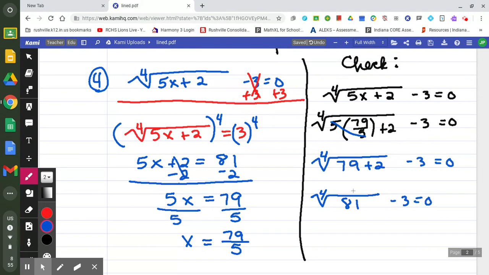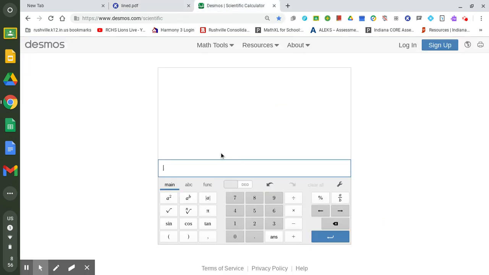So make sure when you're trying to find the fourth root of 81, when you go into your Desmos, make sure that you're finding the fourth root and not the square root. So when you go into the Desmos scientific calculator, here's your scientific calculator.